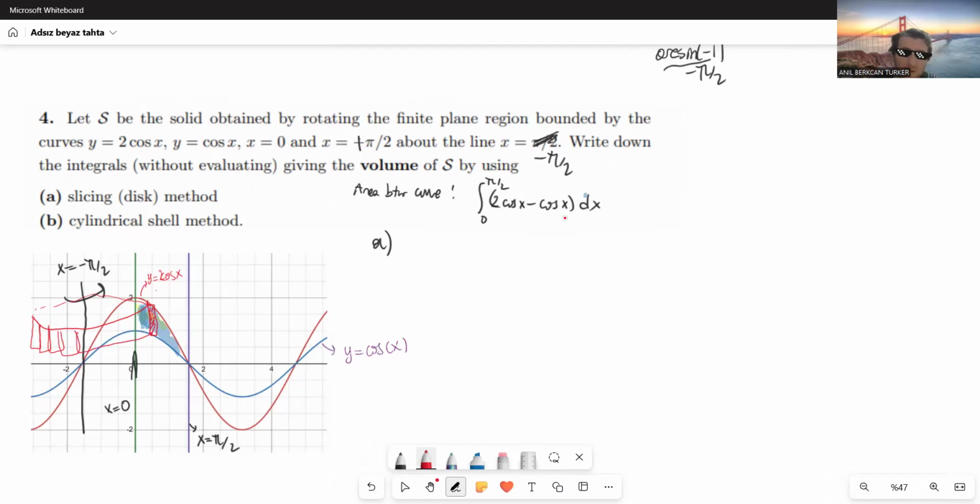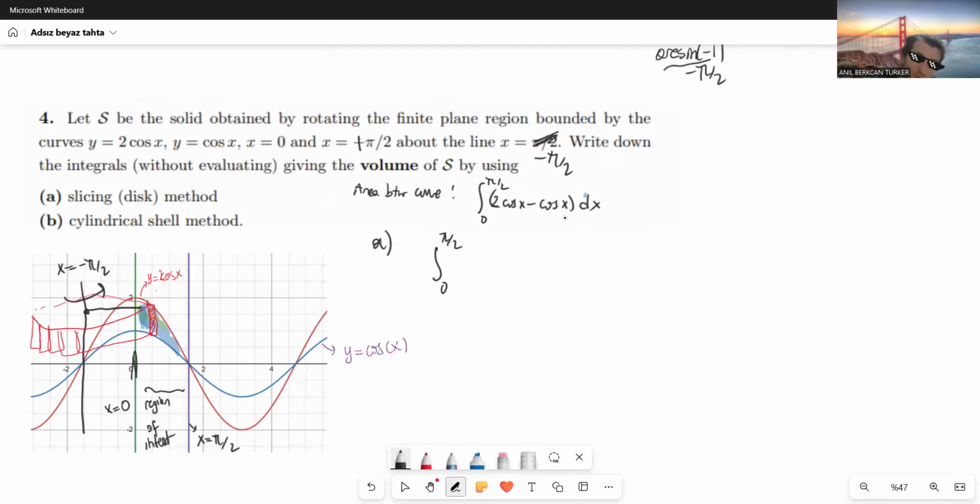What is the radius of this shell? Radius of this shell is from the rotation axis to the point. But we are gonna take the integral from 0 to pi over 2, right? It is my bounded region. This is my region of interest.